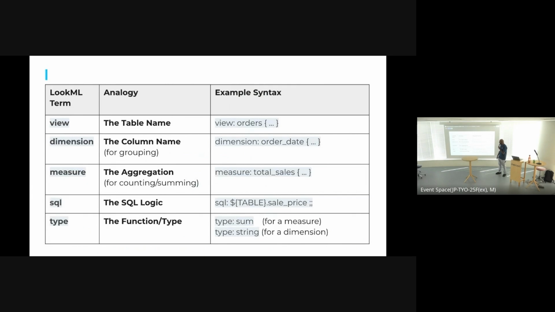And we have the SQL logic using the SQL keyword here, and you define dollar of table, which is to define a kind of self table. In this table, this is the column that you'll need to look at. And finally, the type.